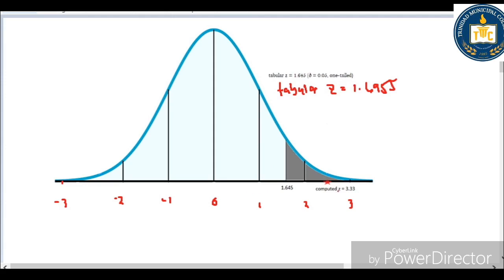1.6955, okay, here, so positive. Since it is 1/3, we use the positive side of the normal curve for our drawing. So this side. So 1.6955, locate here.